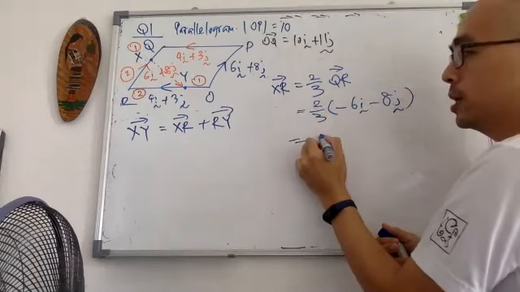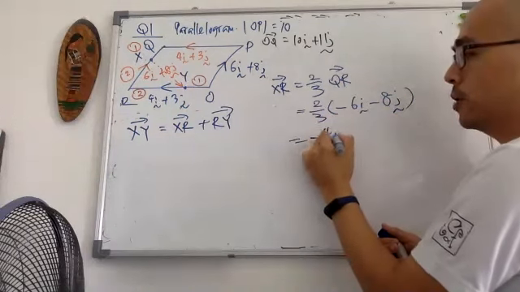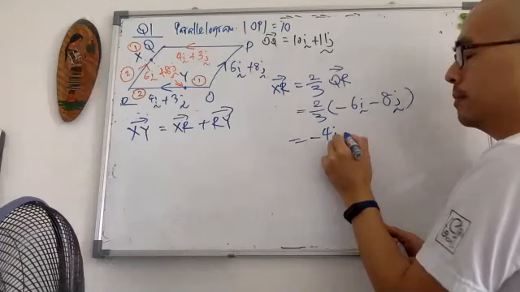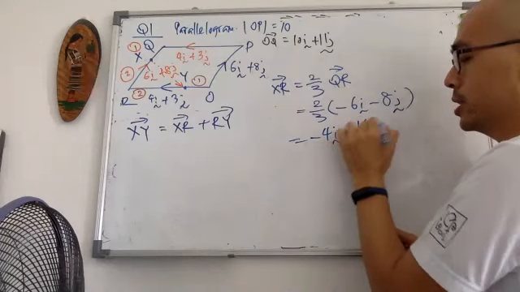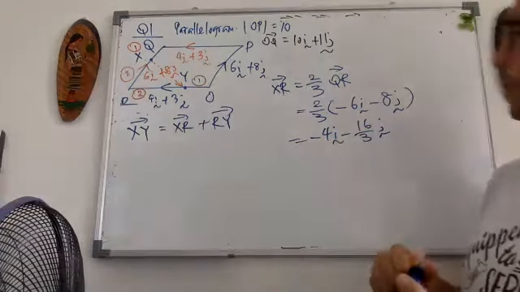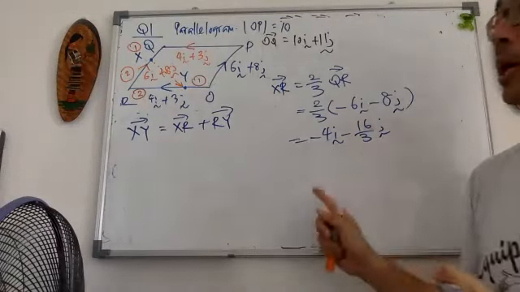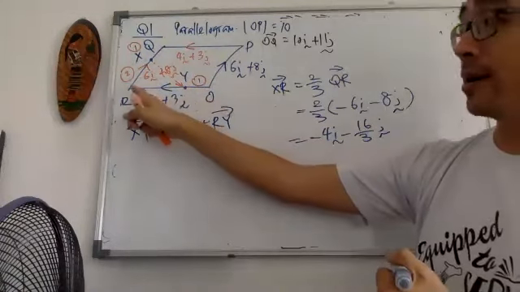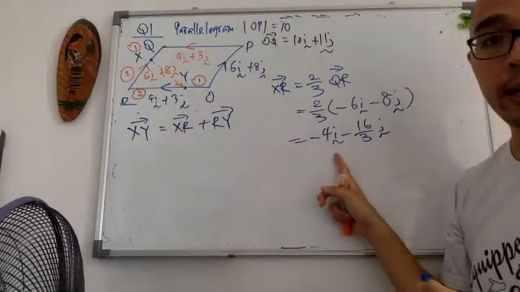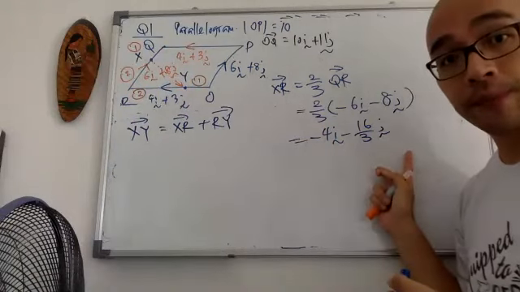And this will give you minus 4i minus 16 over 3j. So X to R is minus 4i minus 16 over 3j.